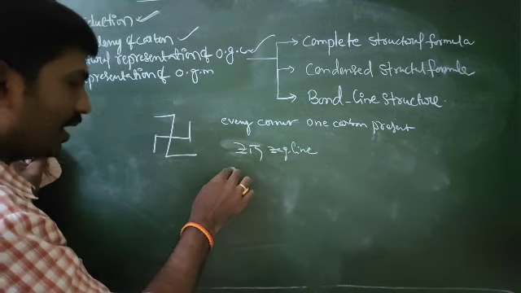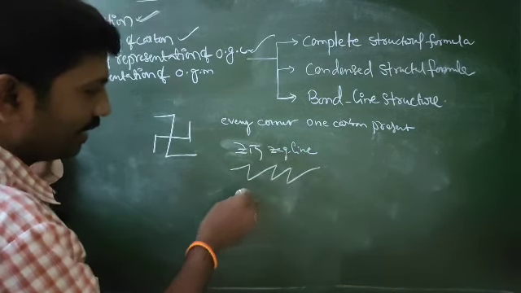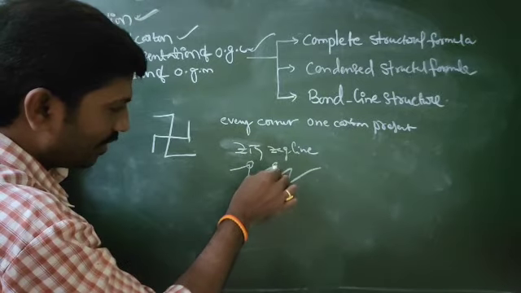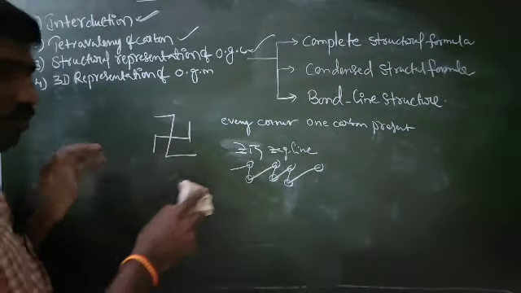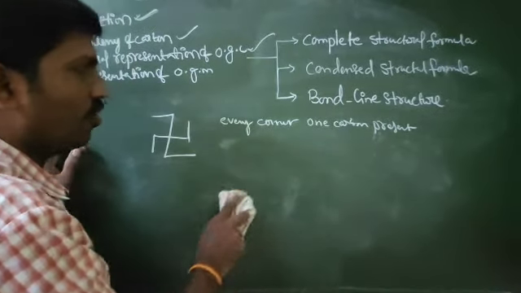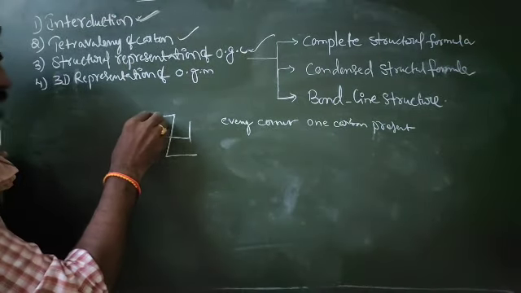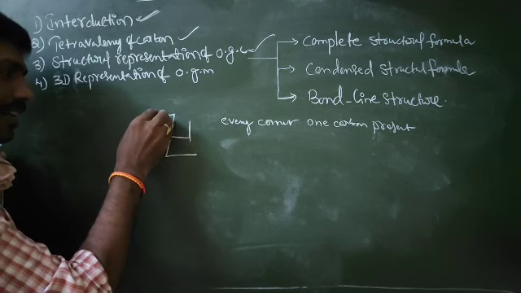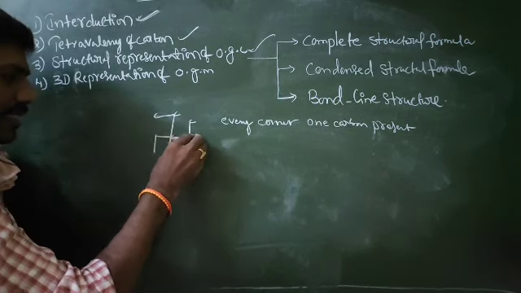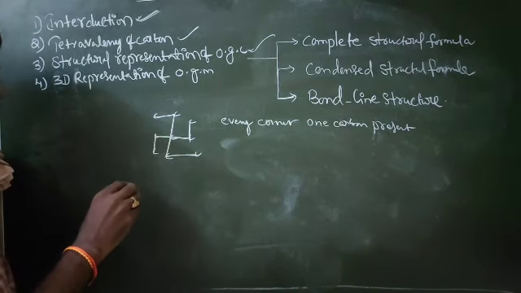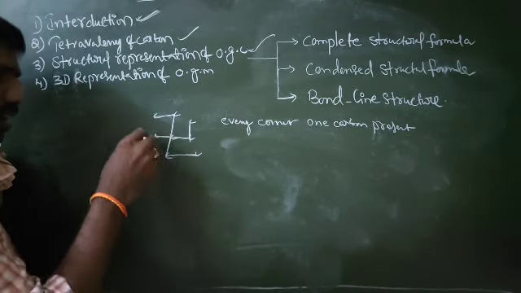Zigzag line means this corner, here all carbons is there. So it represents a zigzag line or bond line. That structure has a carbon at every corner or end. 1 2 3 4 5 6 7 8 9 carbons total is there. This is how it is.